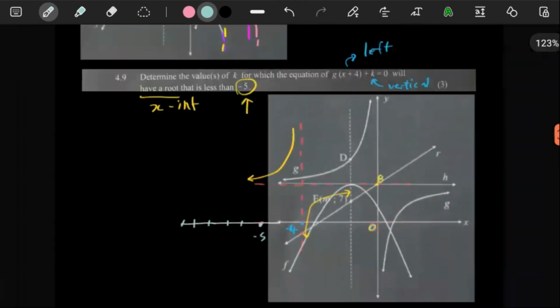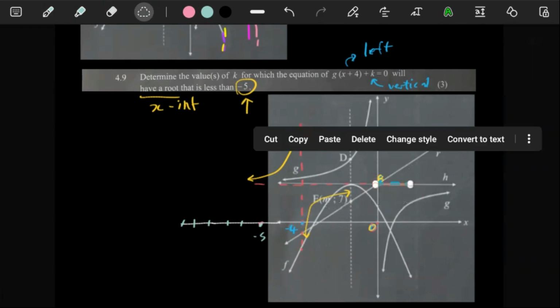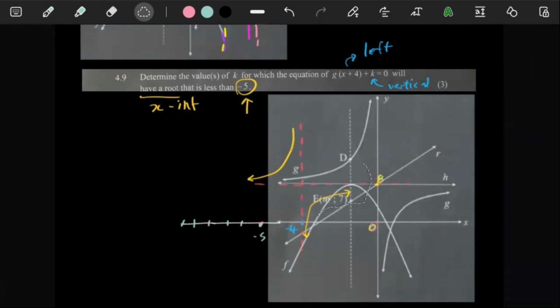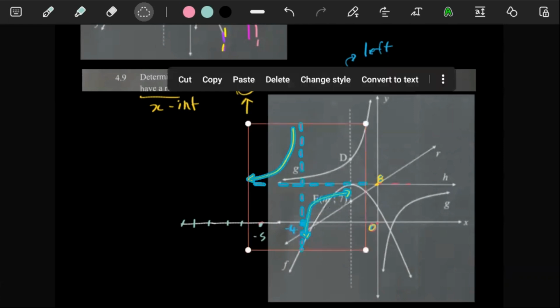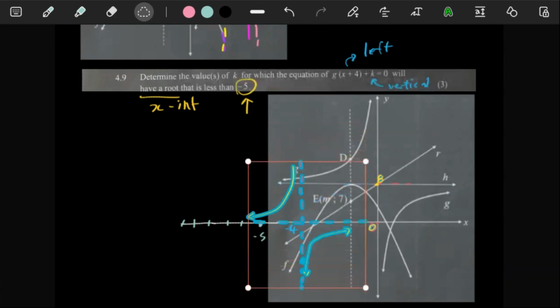So what we already know is if this whole image here is to move downwards, for it to start to have x-intercepts that are less than negative 5, you need to move it downwards a minimum of anything just above 8.